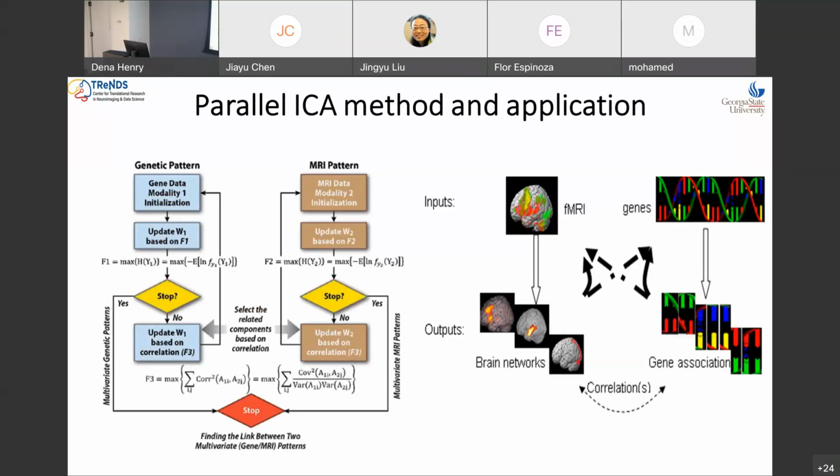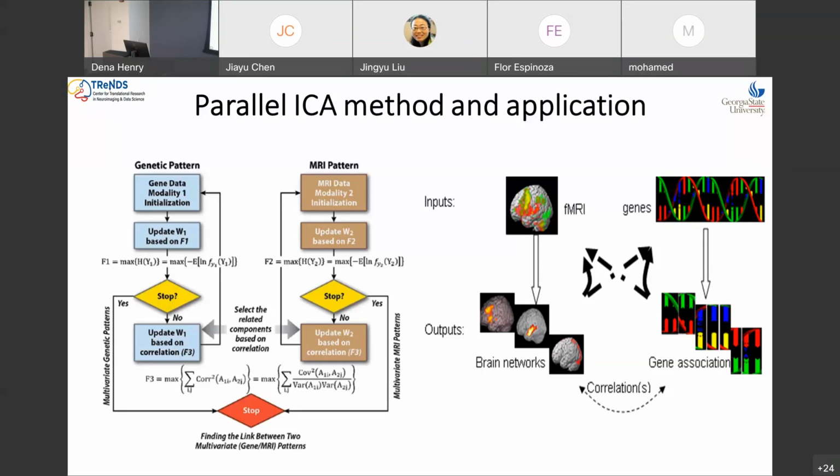But for genetics, it's usually modest effect sizes. For example, you have to have hundreds of thousands of samples to identify significant SNPs, which are related to some specific feature.